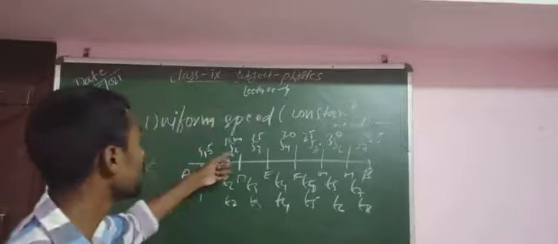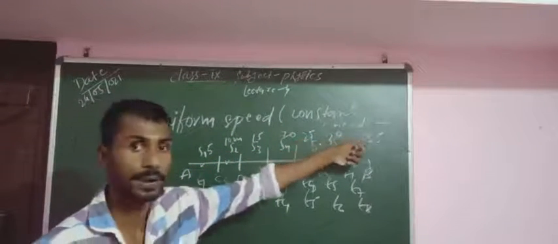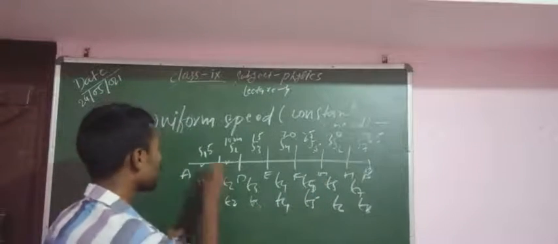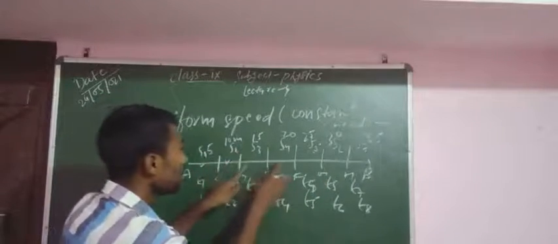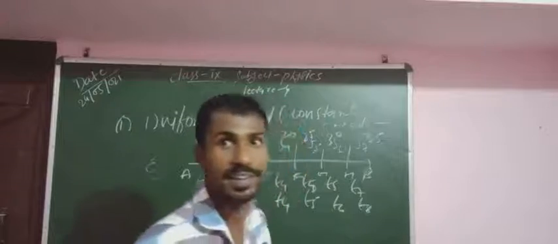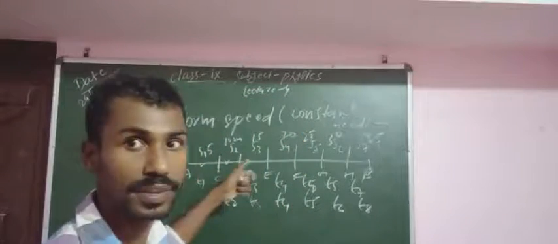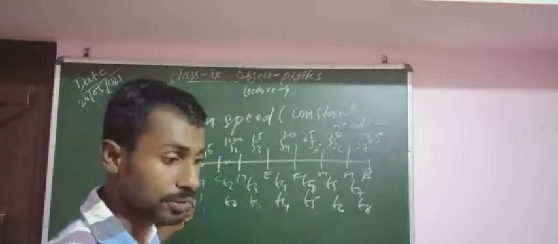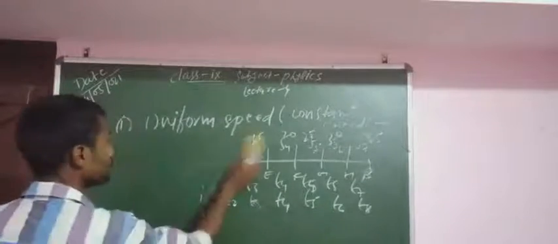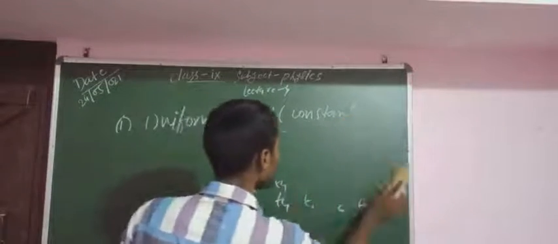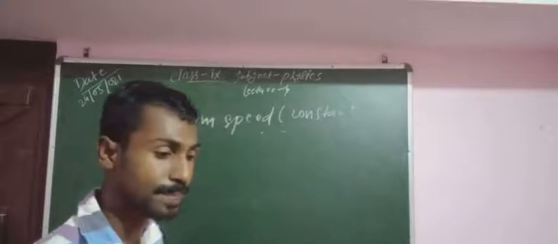That means the difference is 5, 5, 5, 5, 5, 5. That means the body has uniform motion. Sorry, a body has uniform speed.